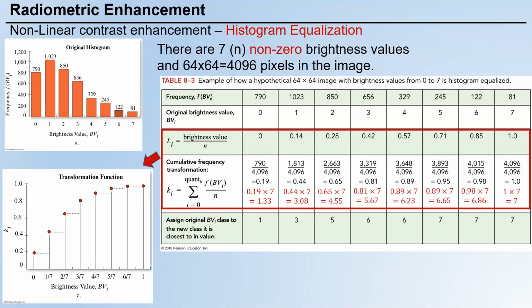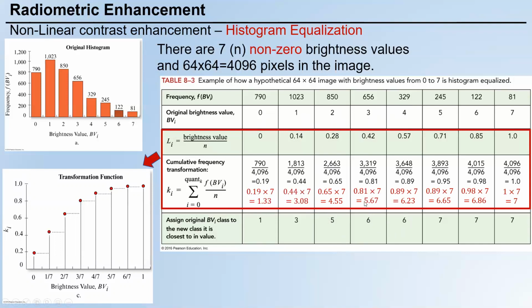And we do this repeatedly. Use each cumulative frequency to multiply by 7 to get a specific value, find the closest integer to that value, and assign that integer as the new value of pixels in that class. So 0 is projected to 1, 1 is projected to 3, 2 is projected to 5, and 3 and 4 are both projected to 6.